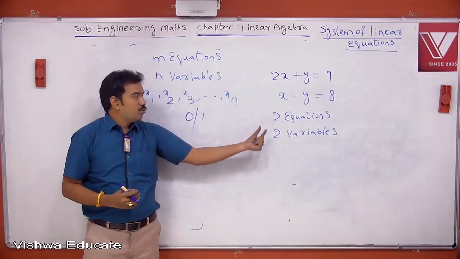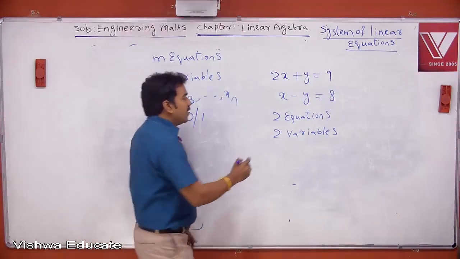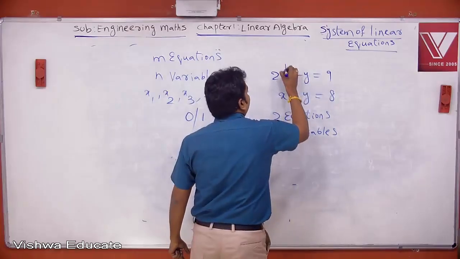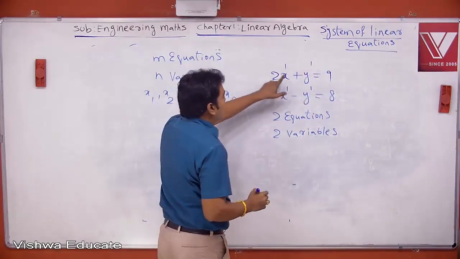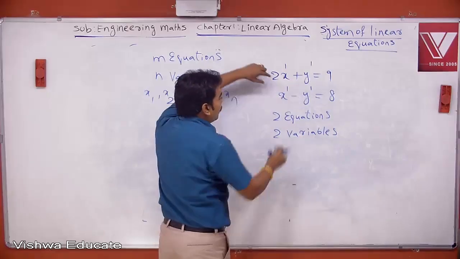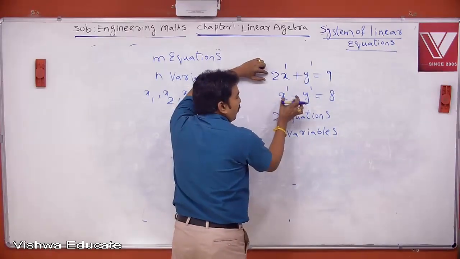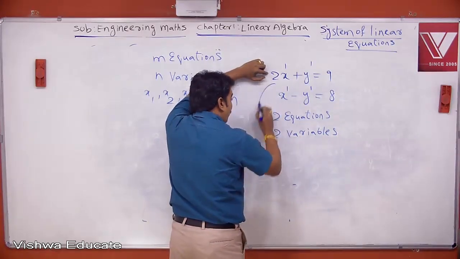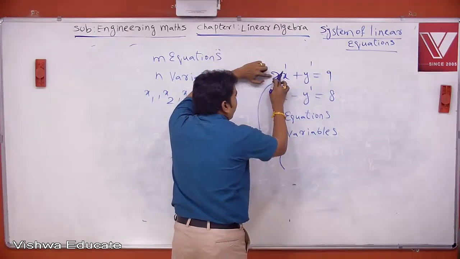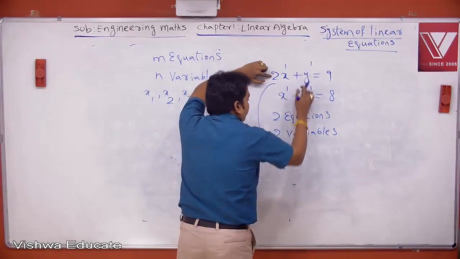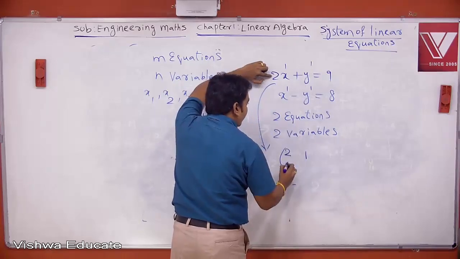This system contains two equations in two variables. Here we have two variables x and y. The powers are 1, 1. So this system is nothing but a system of linear equations. Now this equation can be represented in the matrix form like this. Coefficient of x is 2. Coefficient of y is 1. Coefficient of x is 1.